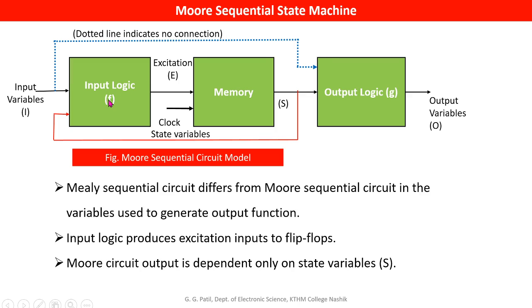It means the input variable I is not given as an input to the output logic block. So the output logic block G has only one input, and that is the state variable input S. Depending on that input, it produces the output variable O. That is the only difference in Mealy and Moore sequential state machine.